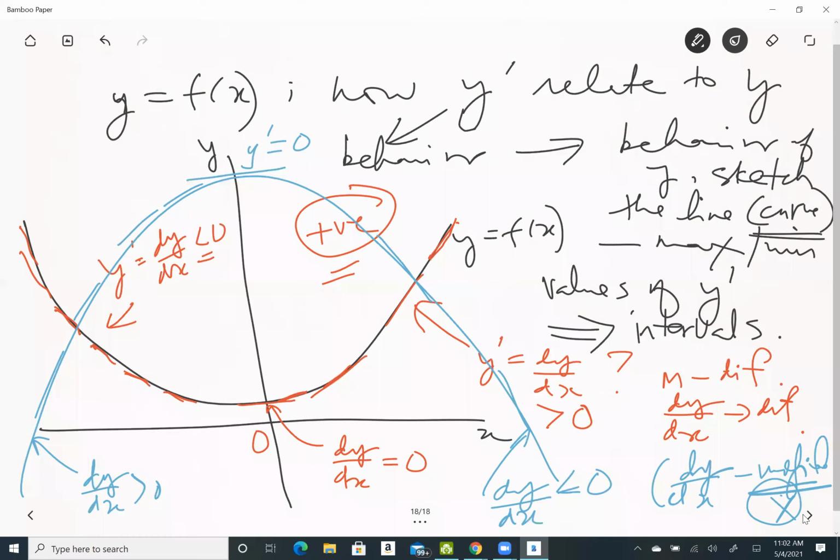Okay, so what we do here, for a given function, the derivative can be either positive, 0, or negative. So what we do here is we break into intervals.